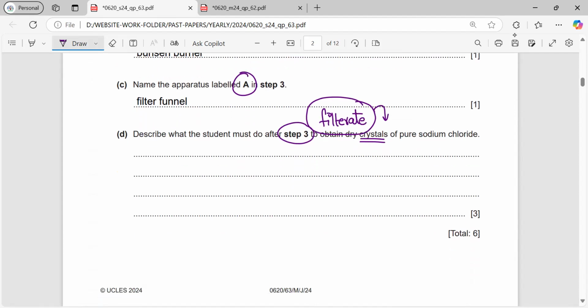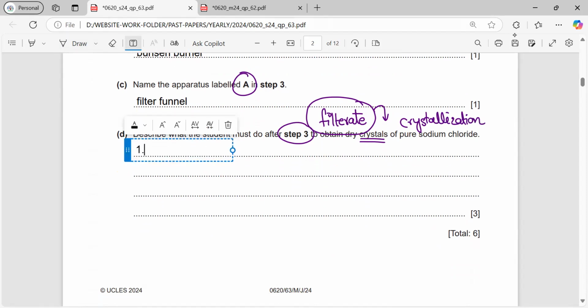Obviously, we will do crystallization. So we will write the steps of crystallization in this answer. So what we'll do? First of all, we'll heat the filtrate to evaporate the water until crystallization point.